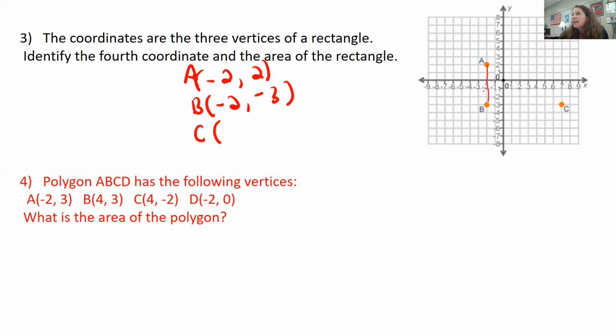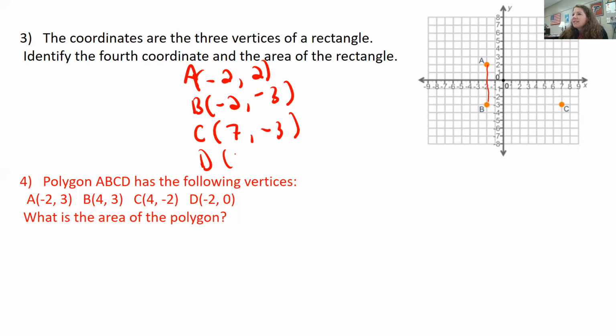All right, what about C? C, we have 7, -2. Oh, excuse me, 7, -3. Now here's my 2 -3s. And then D, what would D be? We'd have 7, and then what?